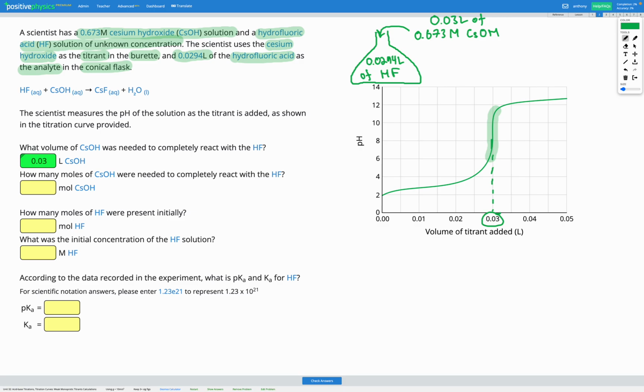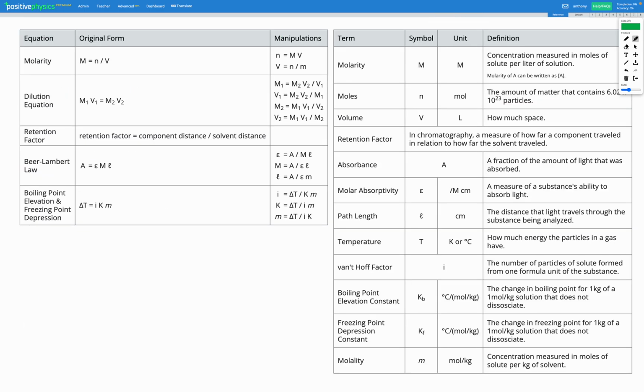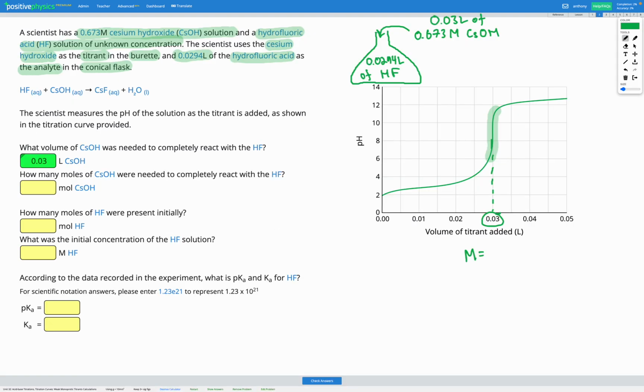So now we know how many litres and we know the molarity of cesium hydroxide, so we can use that to figure out the number of moles. Here's our molarity equation. Molarity equals the number of moles divided by the volume. We're trying to find the number of moles, so let's multiply by the volume on both sides, so that will cancel on the right, leaving us with the number of moles is equal to the molarity times the volume.